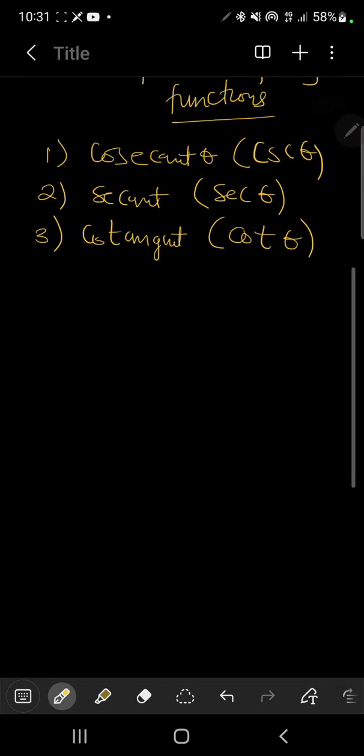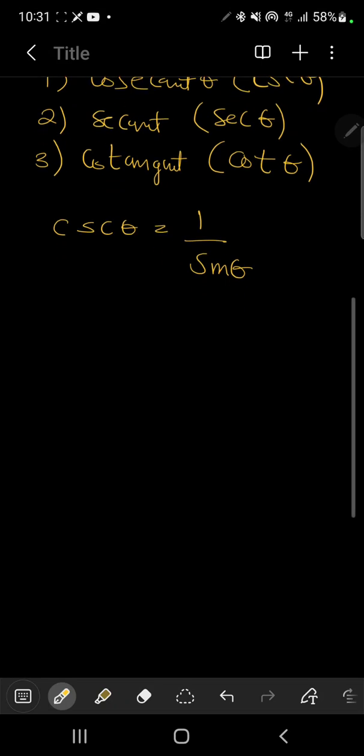Now we need to understand that cosec theta is equal to 1 over sine of theta.